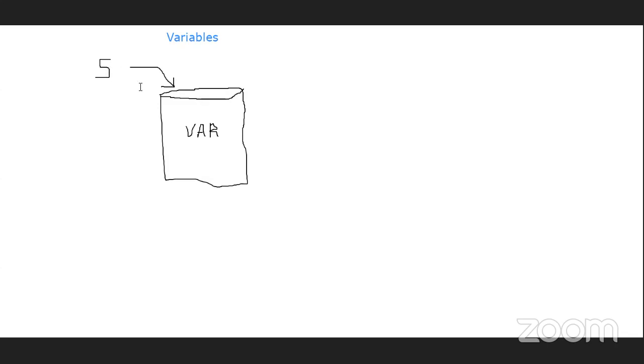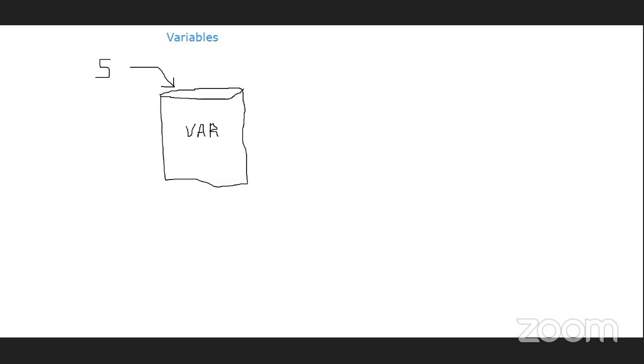In this illustration, I've inserted the number 5 into a container, and this container is what we call a variable. It is a storage container which is going to store the number 5. Every time our program needs the value 5, it will be able to get it from the variable, the container.